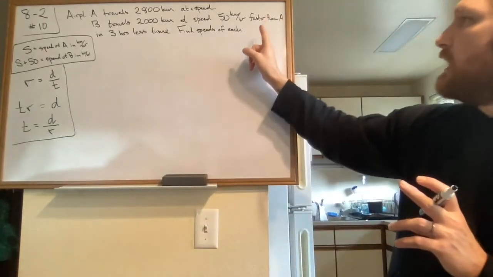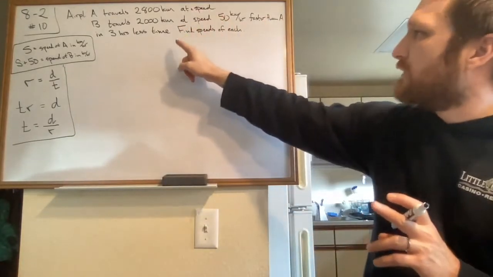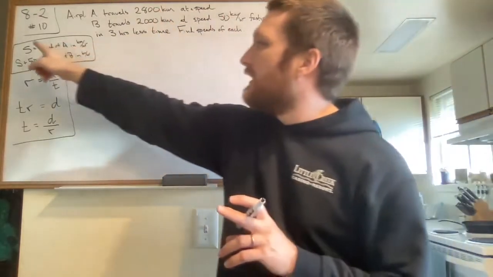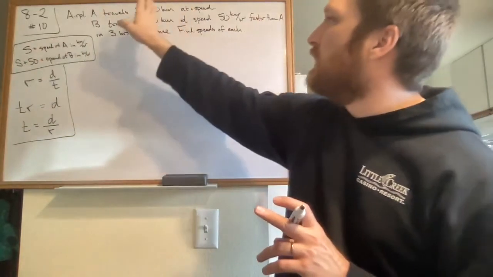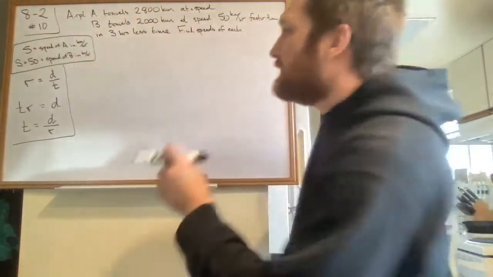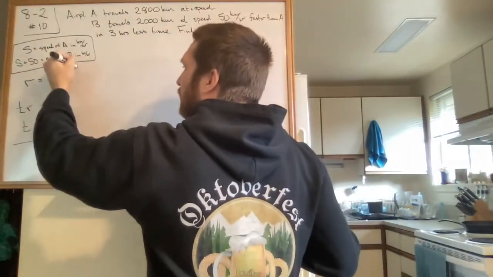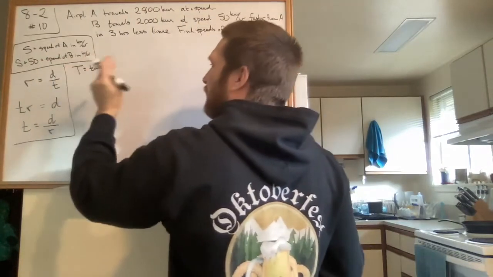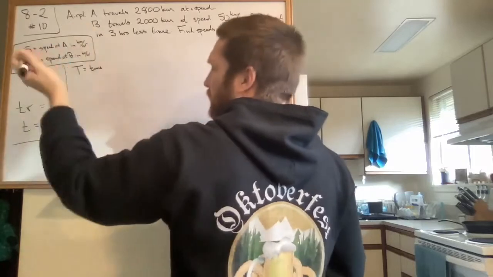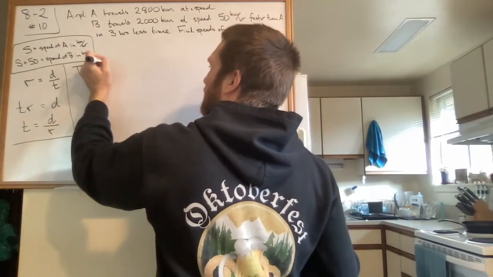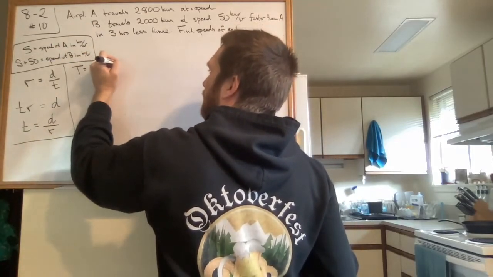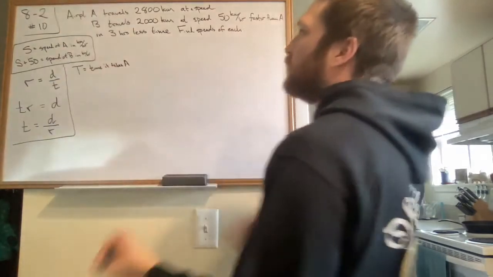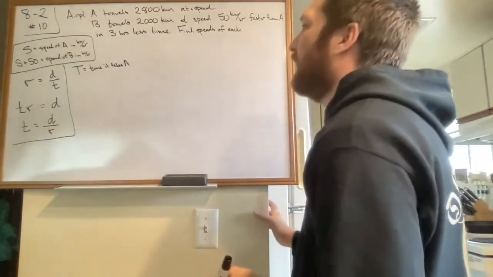It says that B travels in 3 hours less time. So since I've said that S was the speed for A, let's say that T is equal to the time in hours, because we're doing kilometers per hour, the time it takes A to make the flight, to travel the 2,000 and whatever.